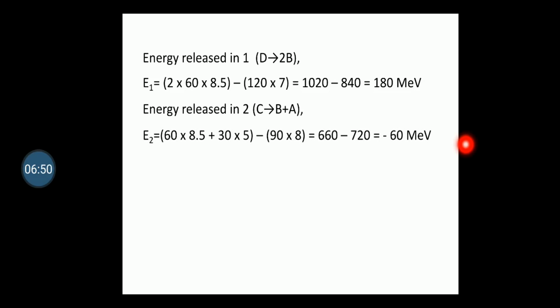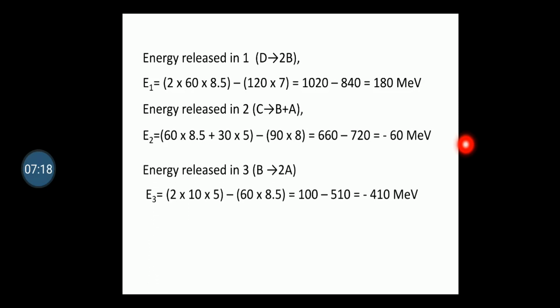Similarly, energy released in second case where C is forming B plus A, we get E2 is equal to mass number of B into its binding energy plus mass number of A into its binding energy minus mass number of C into its binding energy, which is equal to 660 minus 720, which is equal to minus 60 mega electron volt.